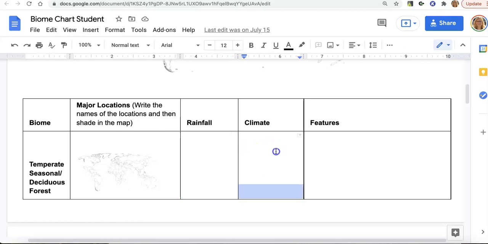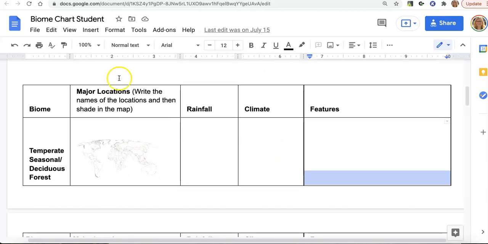Fill in the rainfall, fill in the climate, fill in the features. And then when I get to the slide with the map, you're going to fill in with a colored pencil and shade the major areas of this biome, like that.